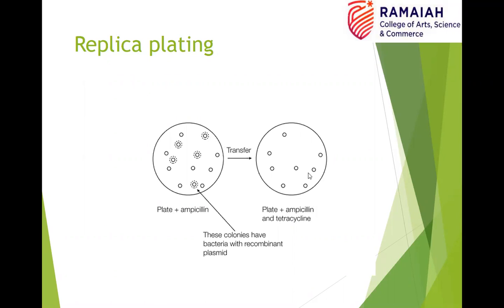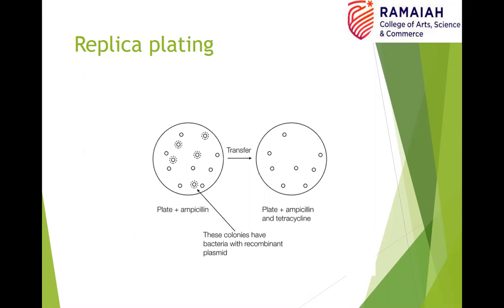This medium allows the growth of only those cells containing the intact tetracycline resistance gene, that means only those cells containing unaltered vector. From this plate, we can mark the positions of the colonies containing the recombinant plasmid, and from the master plate, you would be able to pick up the colonies containing recombinant DNA. So this is the replica plating technique that can be used to select the recombinants.